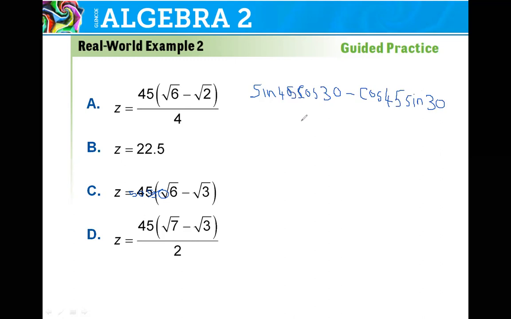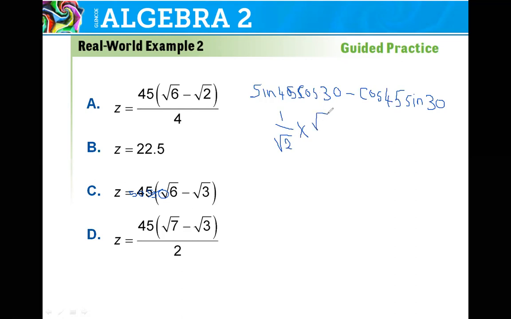After that, we get the result. We get the result of sine 45. It's 1 over root 2 multiplied by cosine 30.